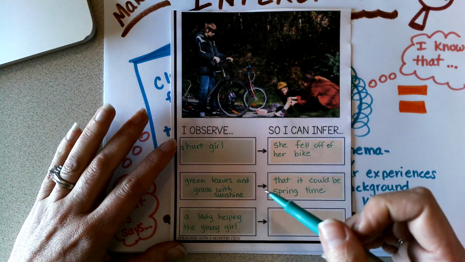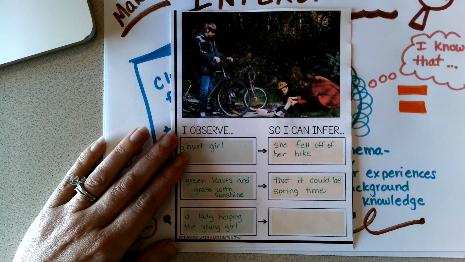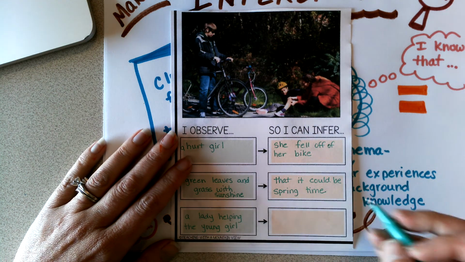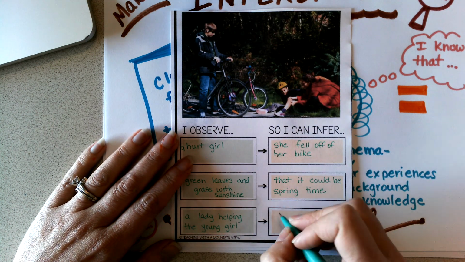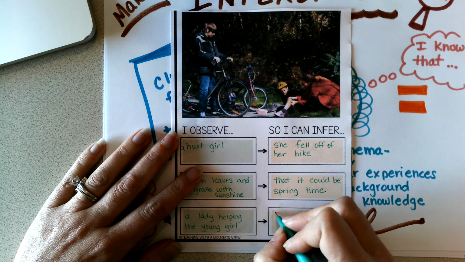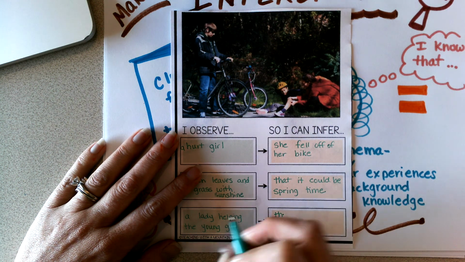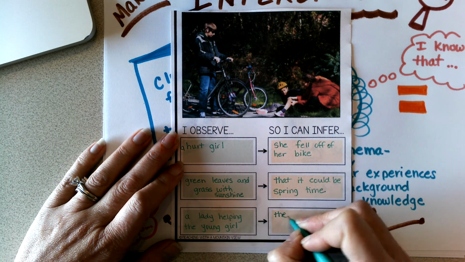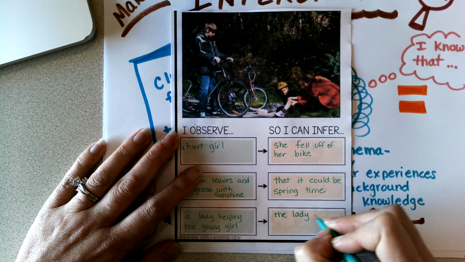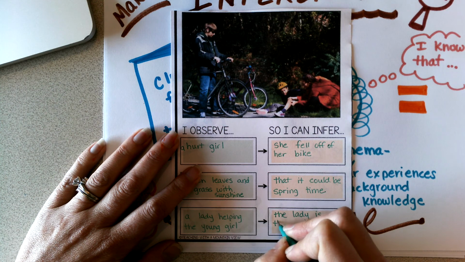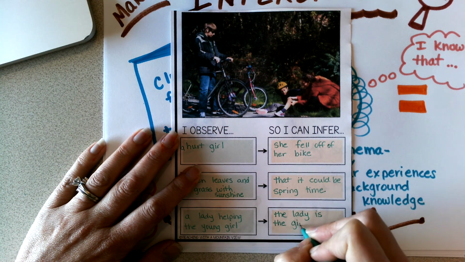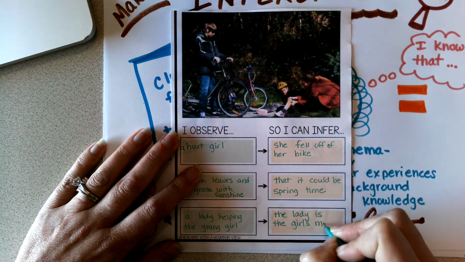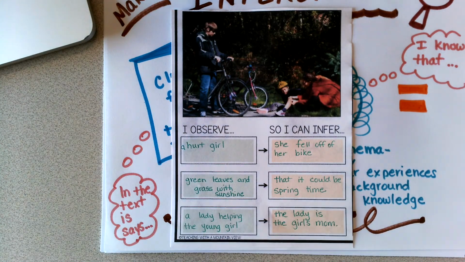So based on what I see, my experience, and what I observe, I observe a lady helping the young girl, so I can infer the lady is the girl's mom. And there you go.